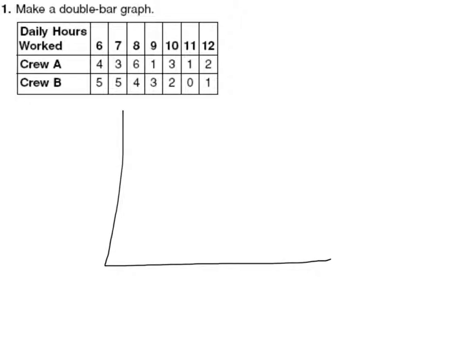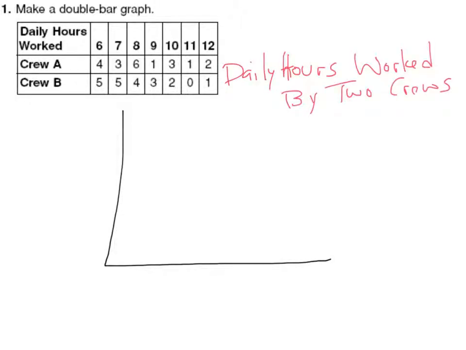So my title here, notice there really isn't any story problem. All I have to do is look at the table. My title would be Daily Hours Worked by 2 Crews. So I have my title above. Now I'm going to start plugging in what I know. My daily hours worked, this right here, is going to be my label on my x-axis.